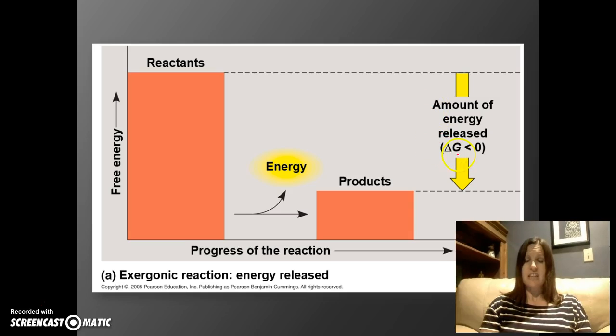Therefore, delta G is going to be negative because, again, you take your final amount of available energy, subtract the starting amount of free energy, and therefore you get a negative number.